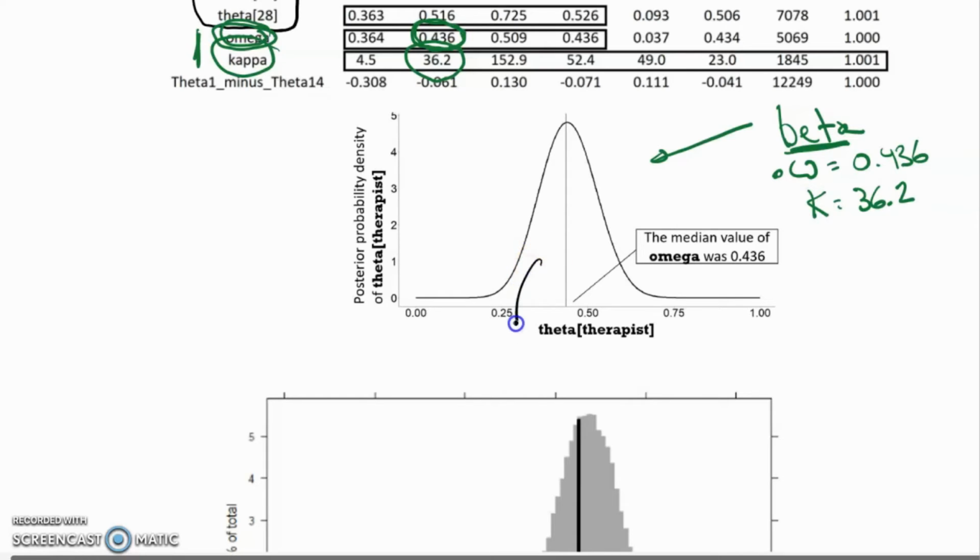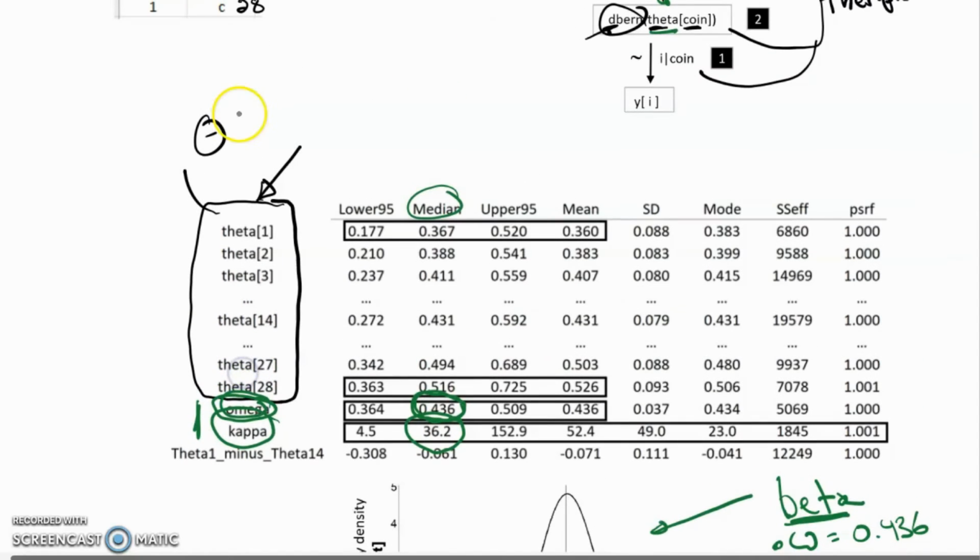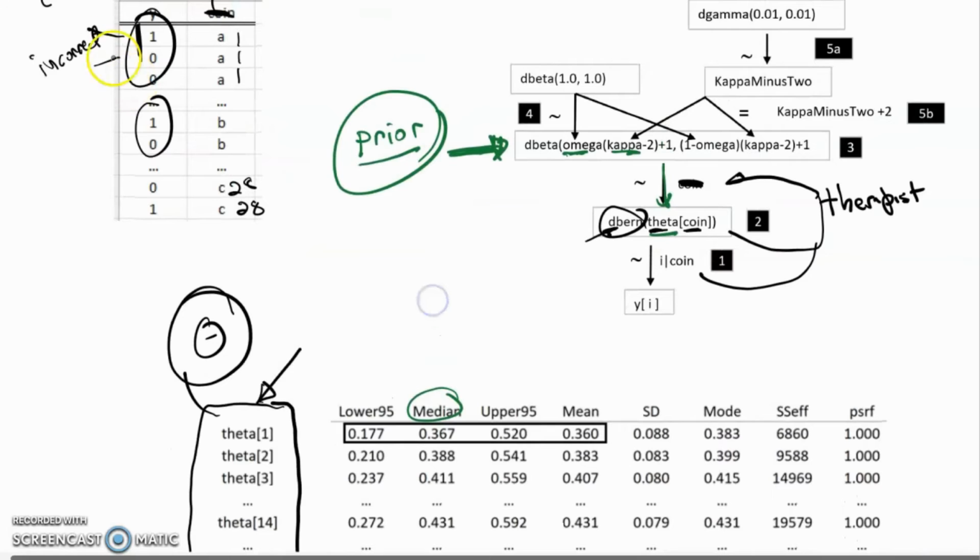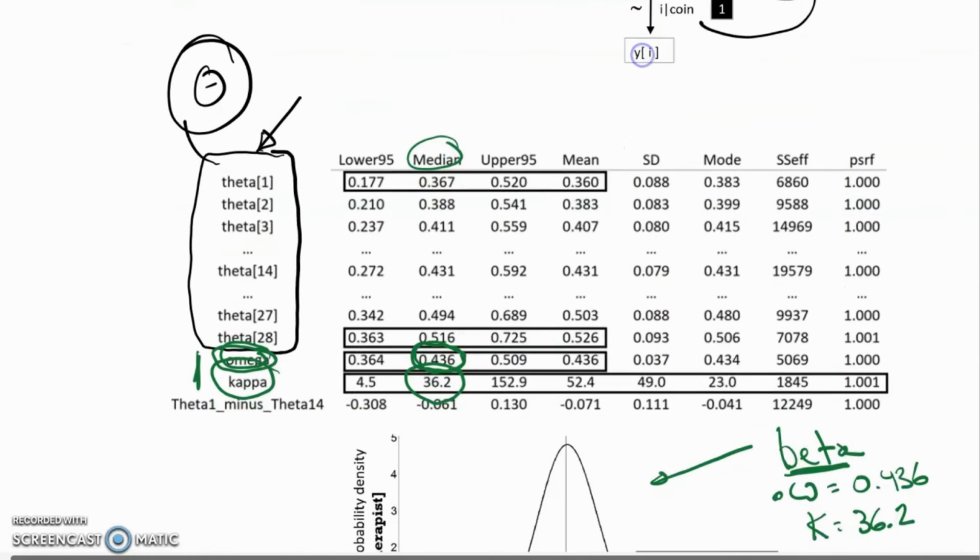So from this distribution, we get theta 1, theta 2, theta 3, all the way out to theta 28, where these values, once again, are the Bernoulli binomial parameters from which the ones and zeros are obtained.